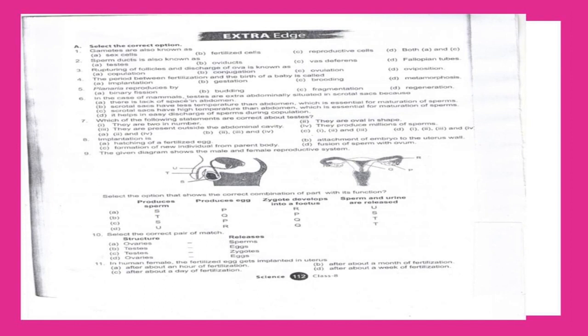Then D, observe the given diagram. In it, C is oviduct, D is ovary, B is uterus, A is vagina. Label them. A, vagina, B, uterus, C, oviduct or fallopian tube, and D ovary.